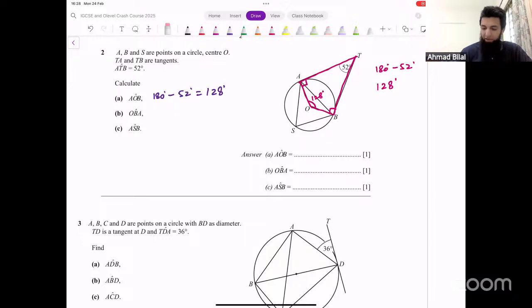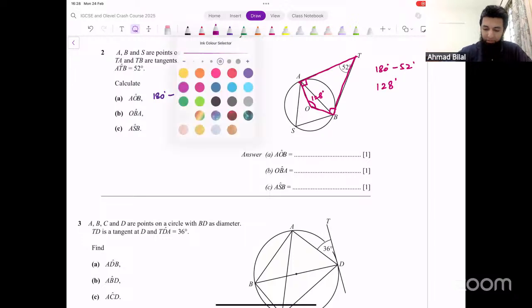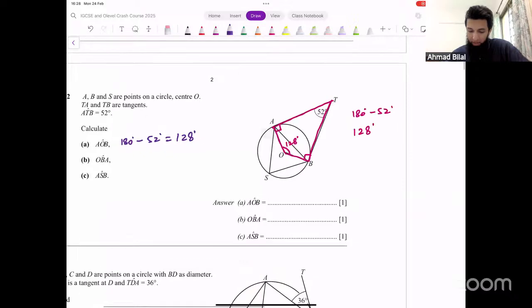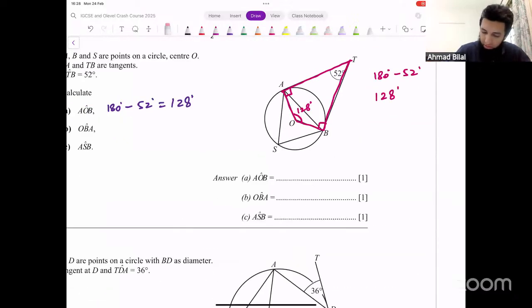What exact angle is this? Let me mark that here. Angle OBA is this little angle here. Now we have already figured out that the angle at this point is 128 degrees.